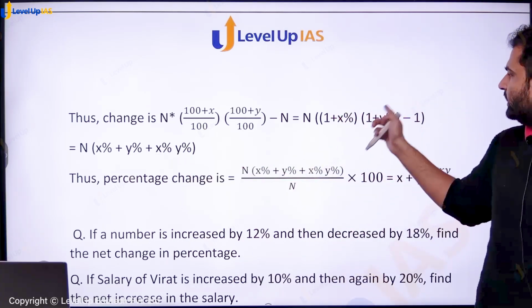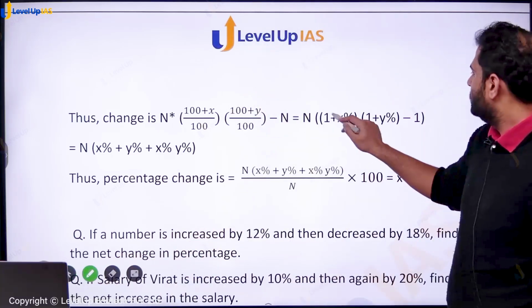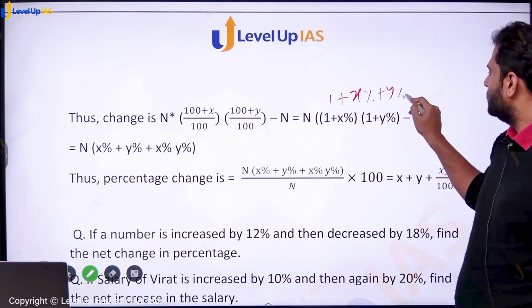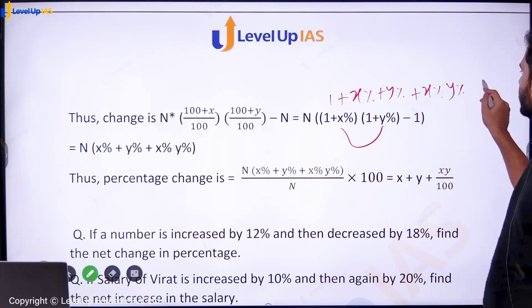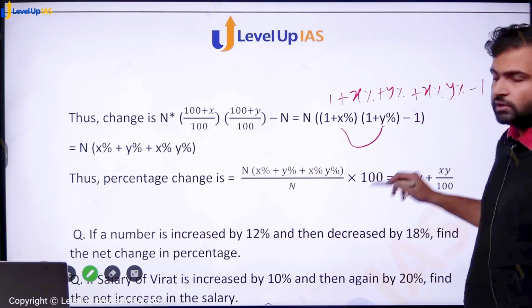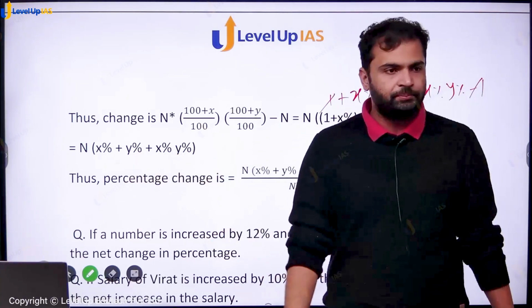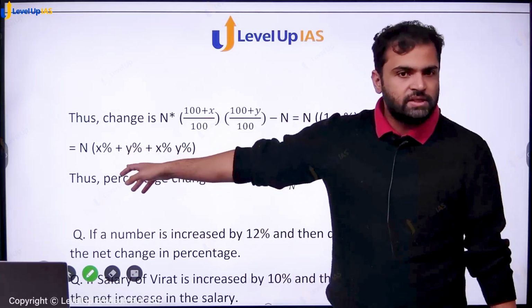Expand किया, 1 gets cancelled. Multiplication आता है ना आपको? This is 1 plus x% plus y% plus x% y% minus 1. This 1 gets cancelled and you get this value. This is the net change.